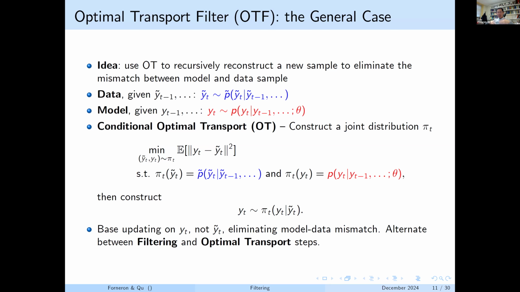I'm sorry, here I do not have closed form expressions because this is for the general setting where things need to be done numerically. But once we look at linear models, I will have closed form expressions that show you guys precisely how the observations get transported to the model to get YT. So here, since we get YT, instead of YT tilde, subsequently, all the updating will be based on this new YT instead of YT tilde.